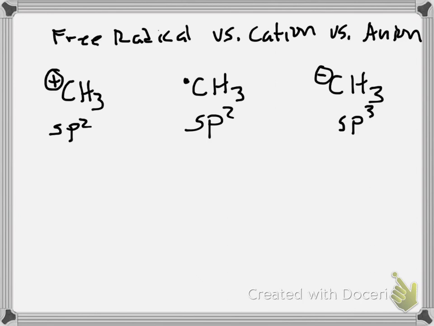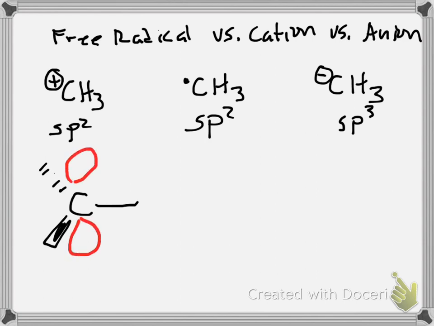And so if you look at the geometry of this, the sp2 hybrid orbitals are arranged as a trigonal plane on the central carbon, and then there is a p orbital that is perpendicular to that central plane, and there is a plus charge on the carbon.